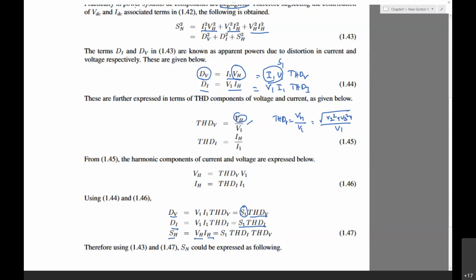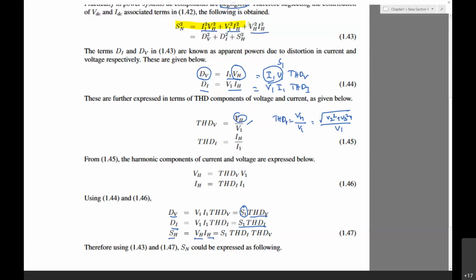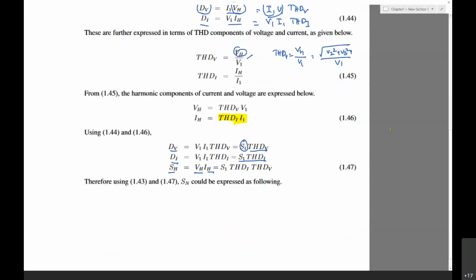In this 4.3 equation, we try to make out this VH into IH, as we know, as V1 into THD voltage and IH as THD into fundamental current. Now we can substitute over this particular SN equation also.